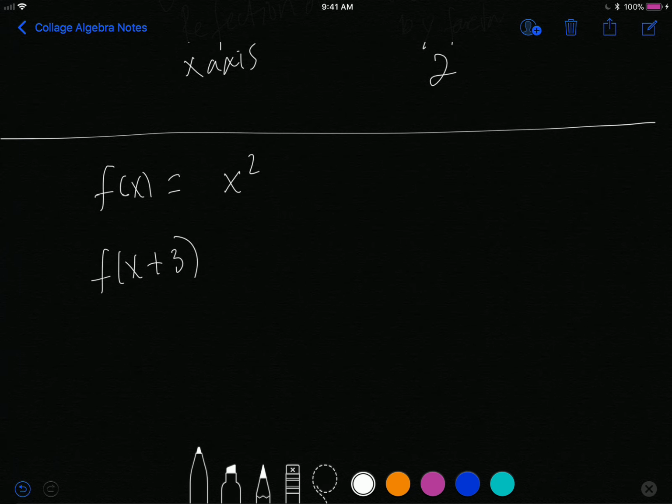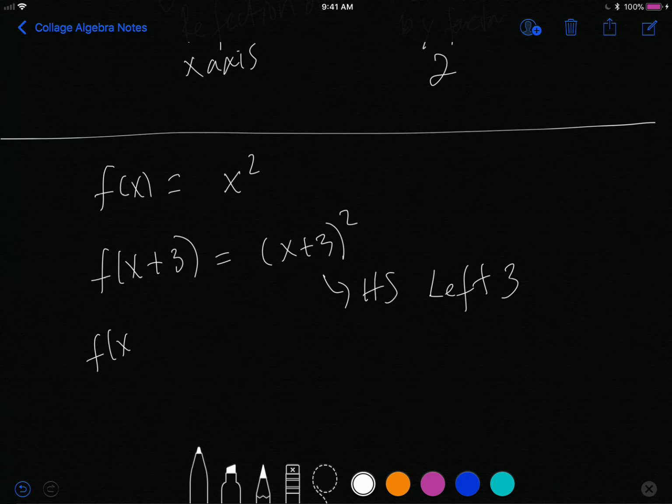This right here means a horizontal shift to the left 3 units, because this means I am plugging in x plus 3, and so I'm going horizontal shift left 3. Similarly, if I went f of x minus 2, then this would be down 2, because this would be simply x squared, and then I'm subtracting 2 from it. So that's a vertical shift down 2.